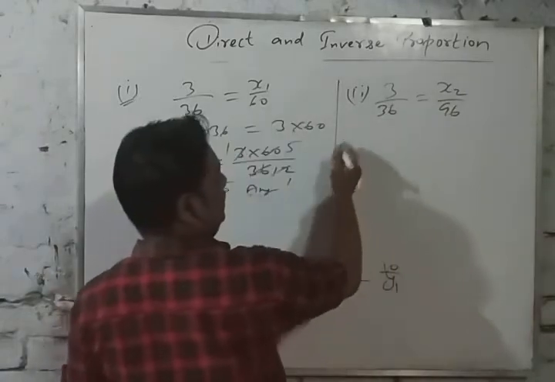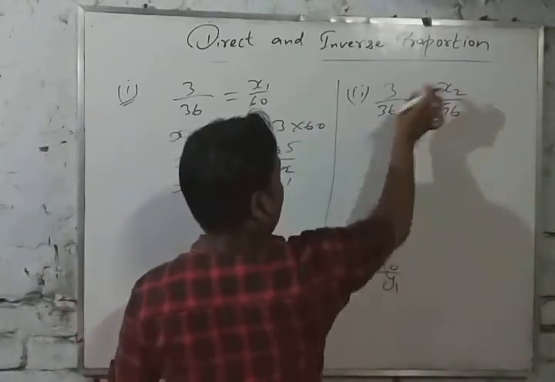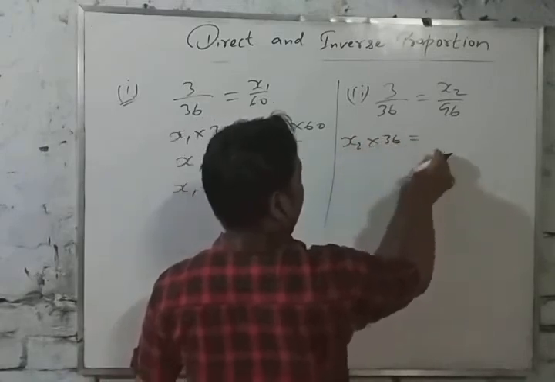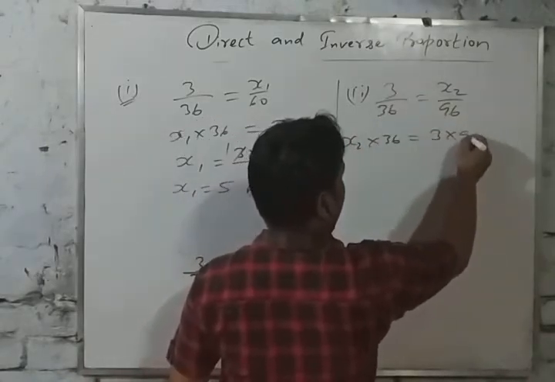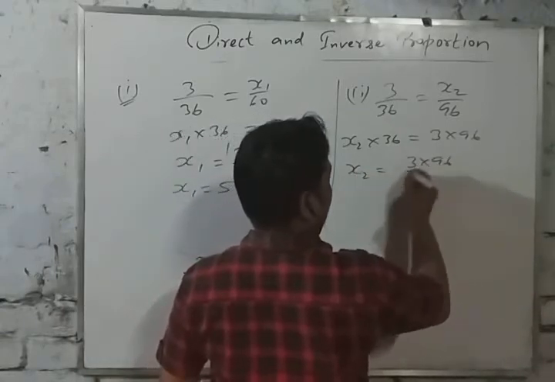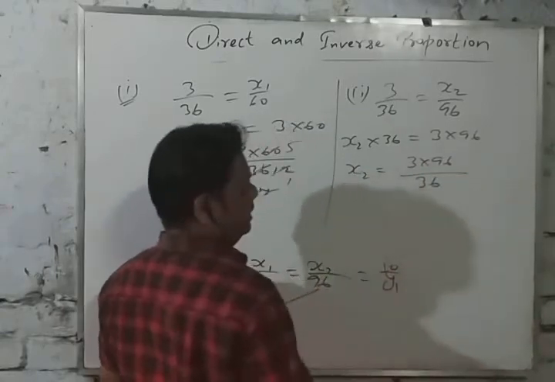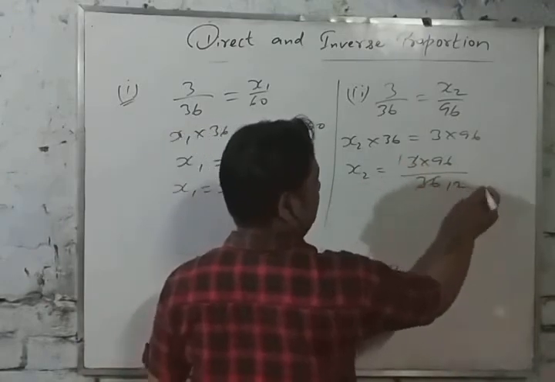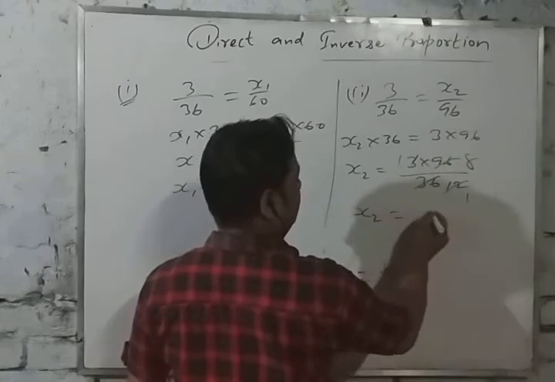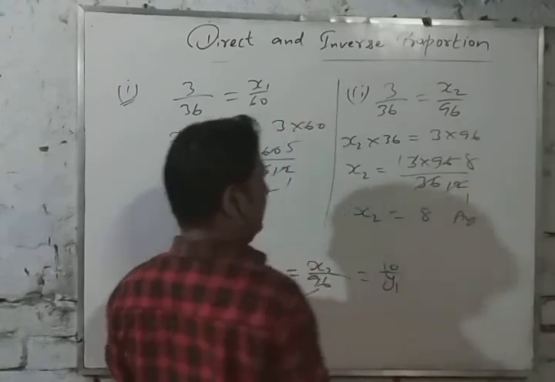By the cross multiplication method, x2 into 36 is equal to 3 into 96. Then x2 is equal to 3 into 96 by 36. 3 12s are 36, 12 8s are 96. So x2 will be 8.